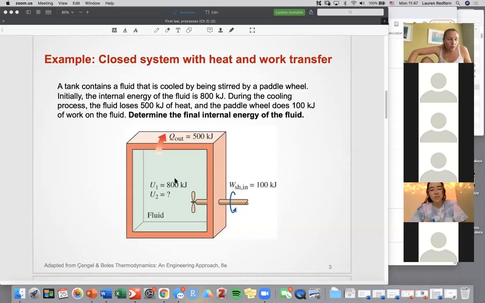During cooling, the fluid loses 500 kilojoules of heat, and the paddle wheel does 100 kilojoules of work on the fluid. Determine the final internal energy of the fluid. So we're trying to solve this problem here. It's example 2-10 in your textbook. I'm going to work it out here and rewrite part of it.